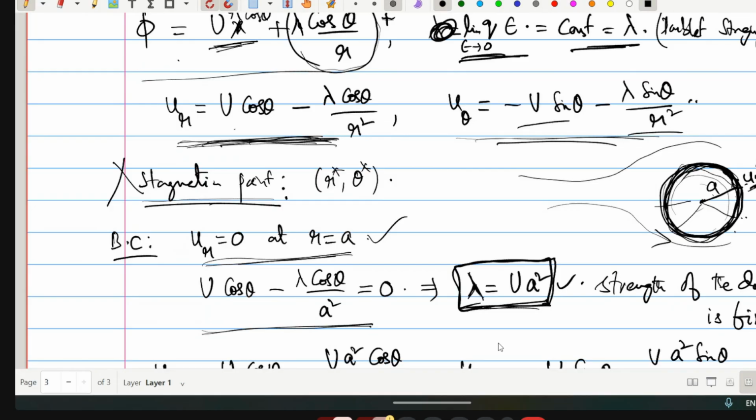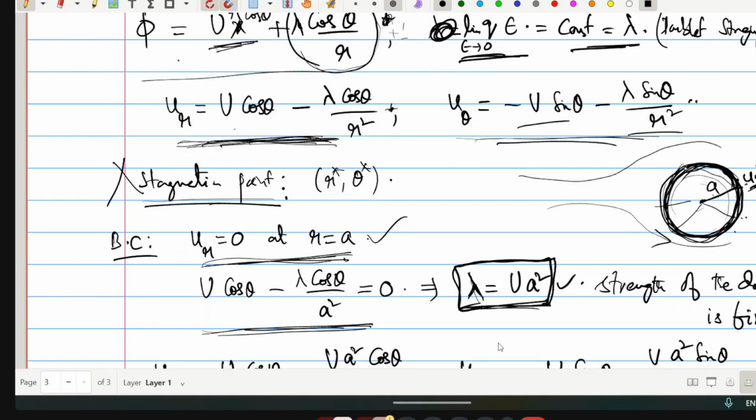You understand what I'm trying to say? See, lambda is after all your doublet. The doublet is okay, so you may fix some lambda, but there will be inconsistency if you try to add certain other solutions of the Laplace equation, like 1 by r square and 1 by r cube and so on. When you try to satisfy this boundary condition, all those extra things will give the inconsistency, so you will not get your solution at all.